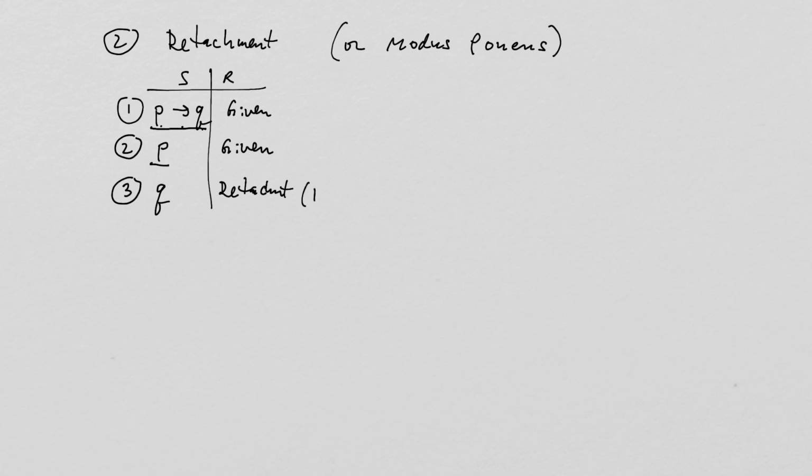And it's utilizing lines 1 and 2. That's detachment. Now I could make one that looks a little different, but still is detachment, as long as the first step has to be conditional.